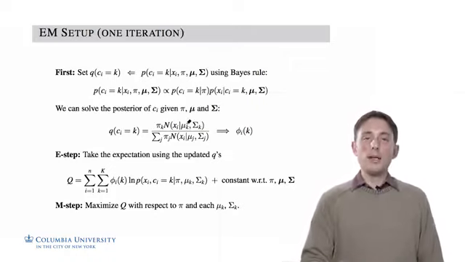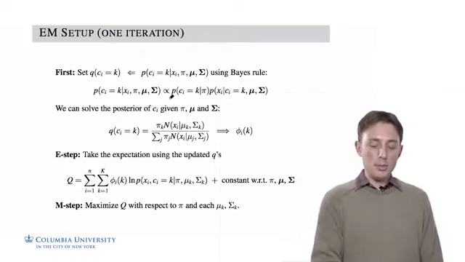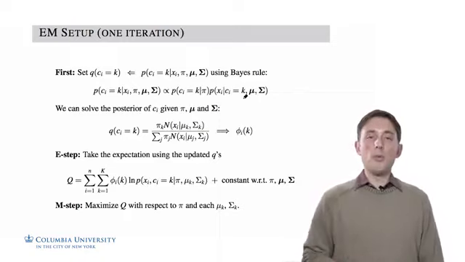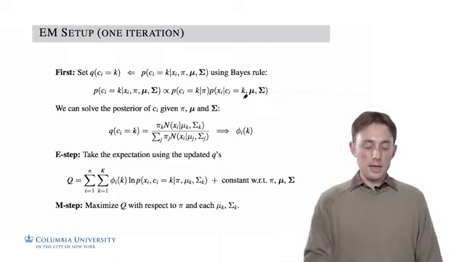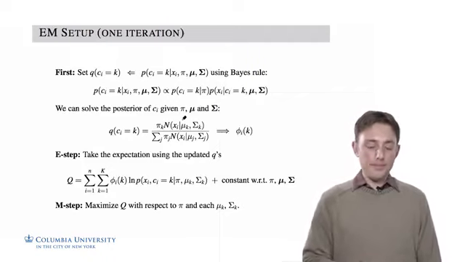And then to turn that into a probability distribution, we simply normalize the right-hand side. So this is a proportionality. To turn this into an equality, we normalize by dividing by the sum of all possible values that Ci can take, meaning we sum this numerator over all values k.